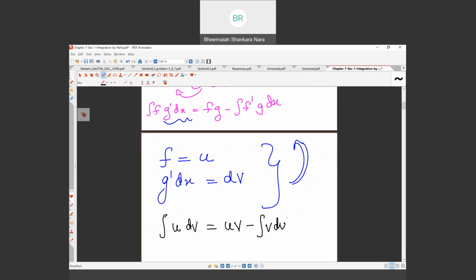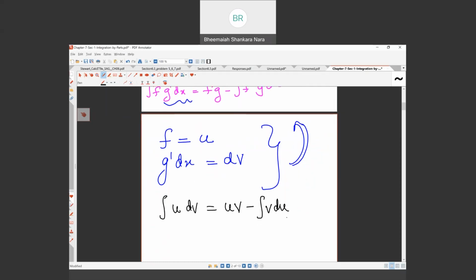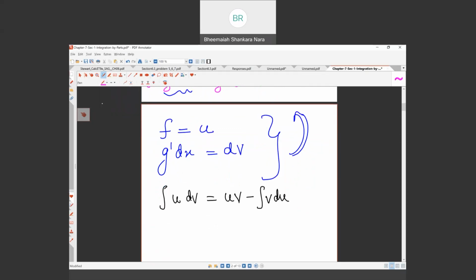So for g prime dx, I write it as dv, but for g, if you note carefully, I'm writing it as v. And for f prime, I'm writing it as du. So here is the explanation for those two substitutions. If the function f is u, if I differentiate f, I get f prime. If I differentiate u, I can write it as the differential du.